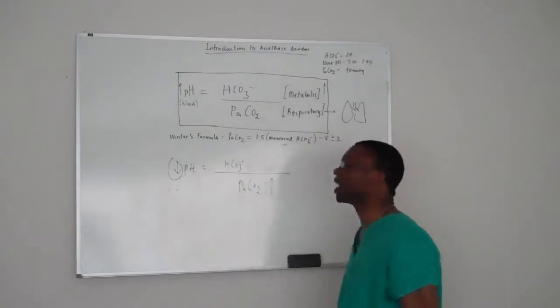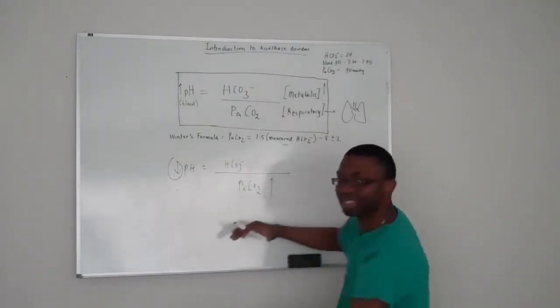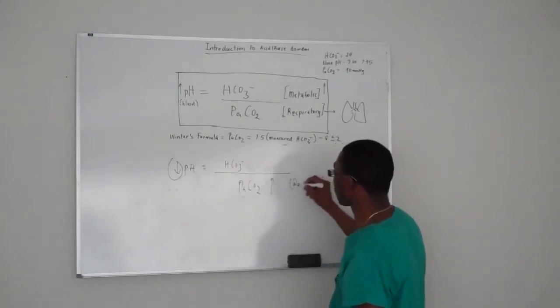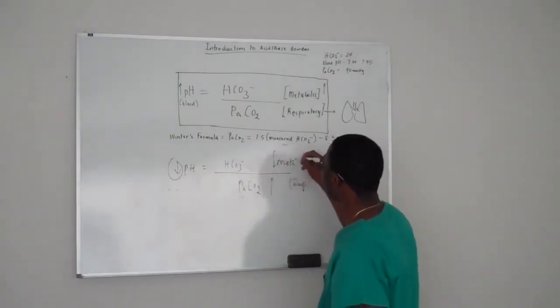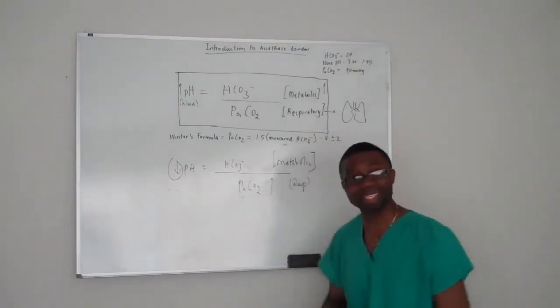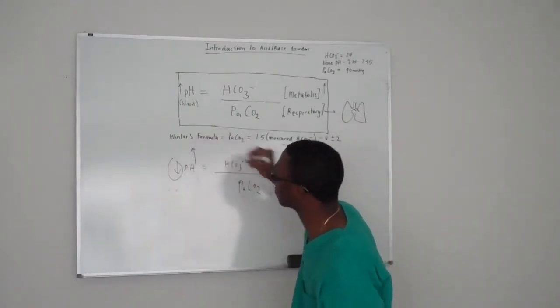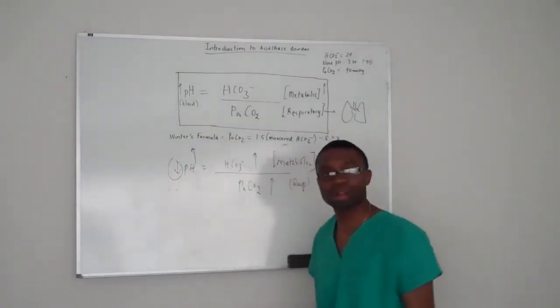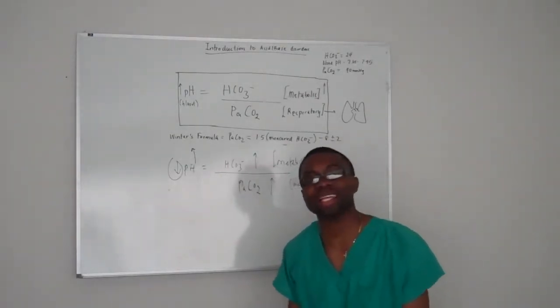I can't do anything about downstairs anymore, since that's a respiratory problem. The only way is I have to go metabolic, and the one that does metabolic fixing is the kidneys. So for me to bring this pH back up, I have to increase bicarb. Did you see what I'm saying? It's just that easy.